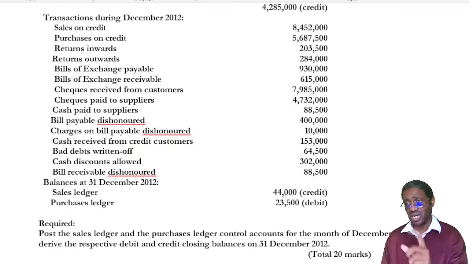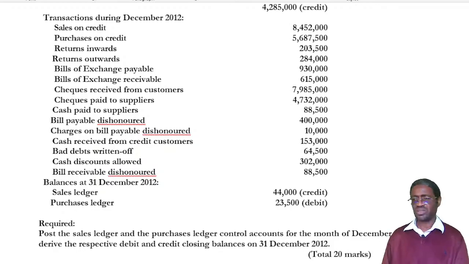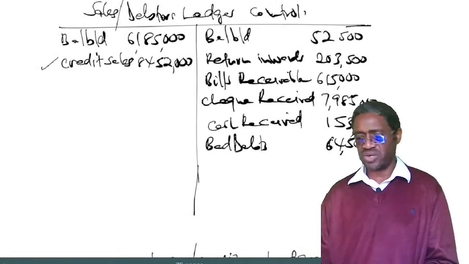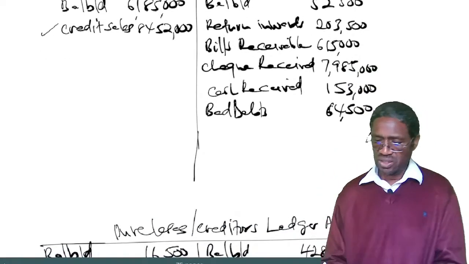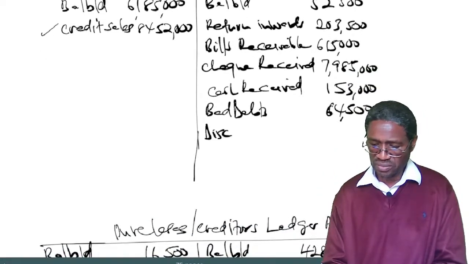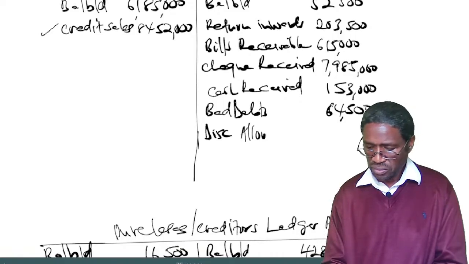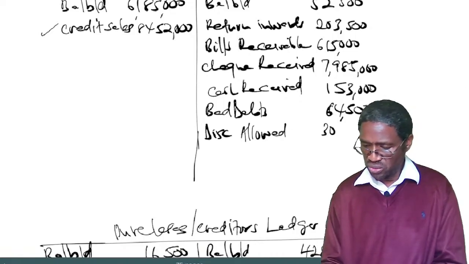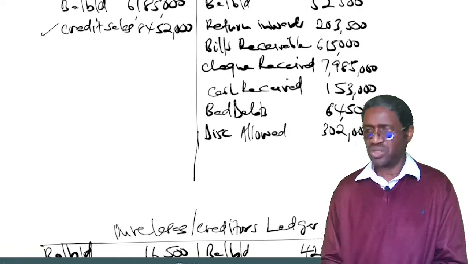So this is discount to customers, not from suppliers. And the discount allowed is 302,000. Good. Come and put it on the credit of the debtors. So come and say a discount allowed. 302,000. Good. Next one.